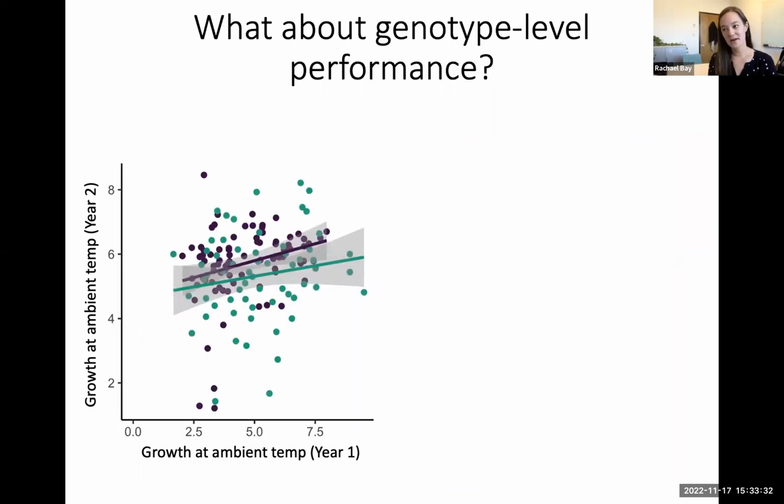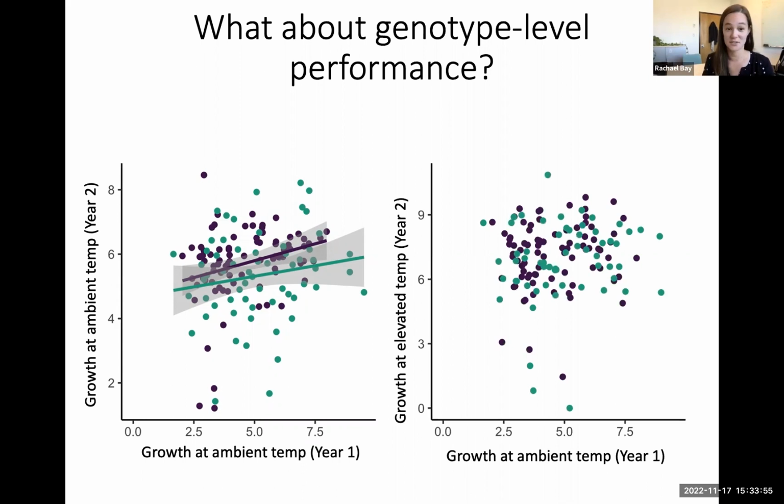So we can compare the performance of the same genotype across multiple years in the same condition to see how predictable the phenotypes are. So when we look at genotypes grown at ambient temperature from across year 1 and year 2, we see a positive correlation regardless of the population they're from. However, when we look at genotypes grown in ambient versus elevated temperature, there's no correlation whatsoever. So there's this shifting in rank order of genotypes when grown in ambient versus elevated temperature.